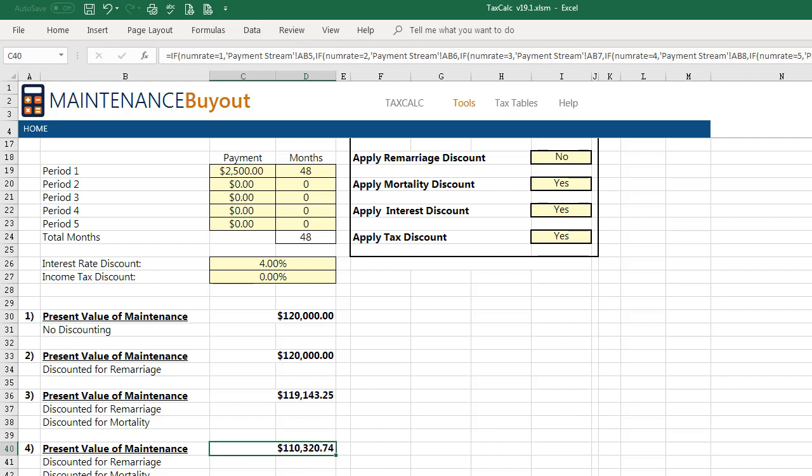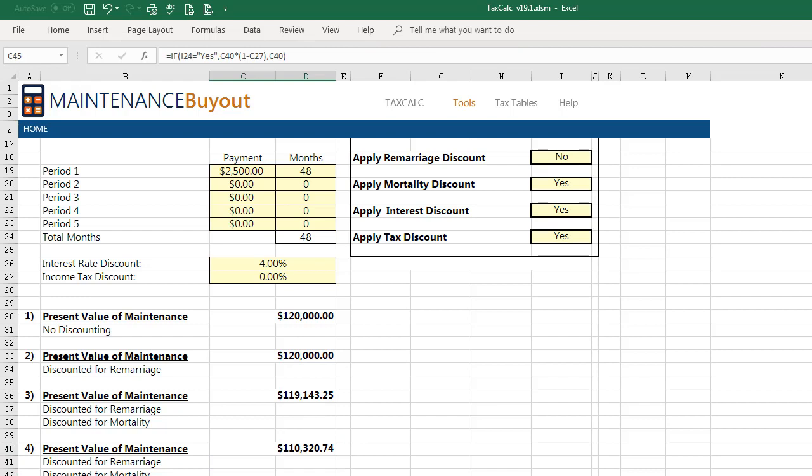The biggest discount usually is for that interest rate, so that's what's being added in here. Ultimately, what that's saying is if you had $110,000 and you earned 4% over 48 years, or 48 months, sorry, you would grow to that 119 and be able to pay out this $2,500 a month. So it's really just talking about the value of money over that period of time and appropriately discounting it back to a present value.